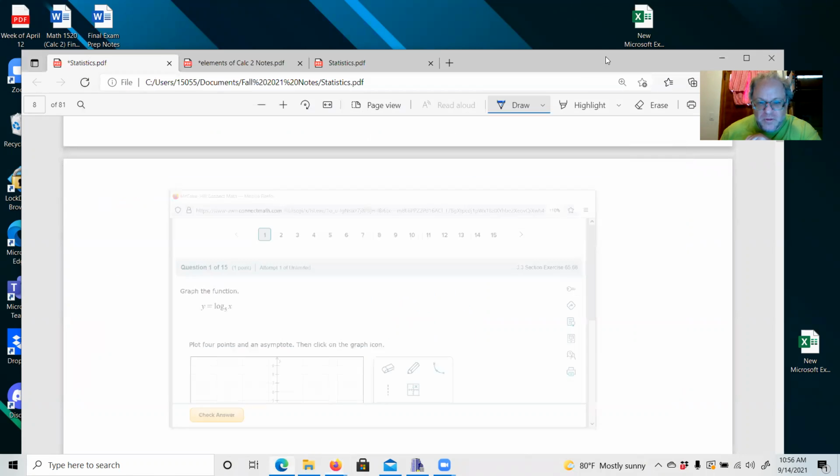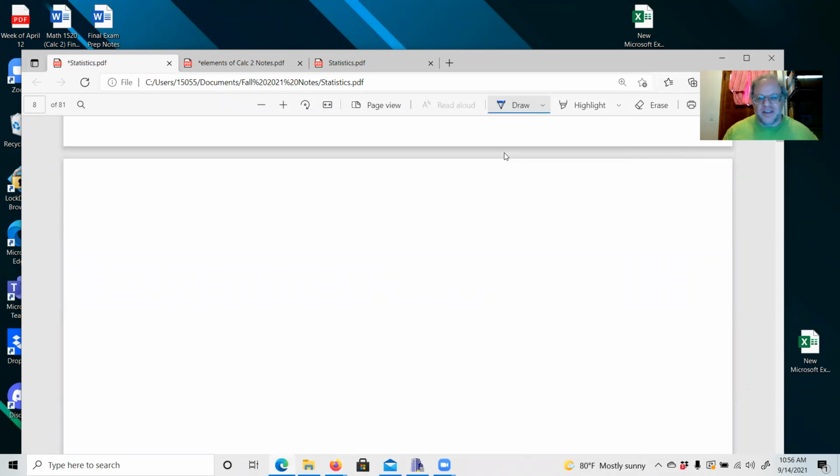So the first thing I want to talk about is the fact that a logarithm is an inverse function to an exponential. Okay, so logarithms are the inverse function to an exponential.